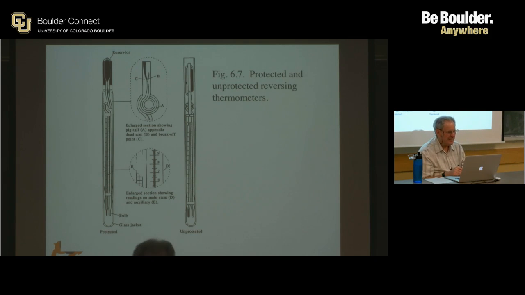The guy in charge of the hydrographic work asked, what are they worth? Well, the thermometers don't cost very much, a few hundred dollars. But the calibration also costs a few hundred dollars, and these have been calibrated many times. So they're probably worth thousands of dollars by then.